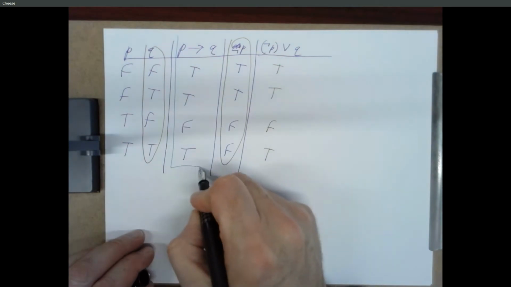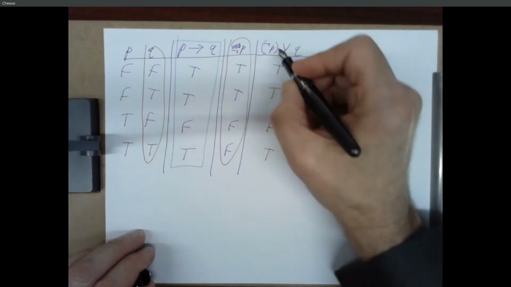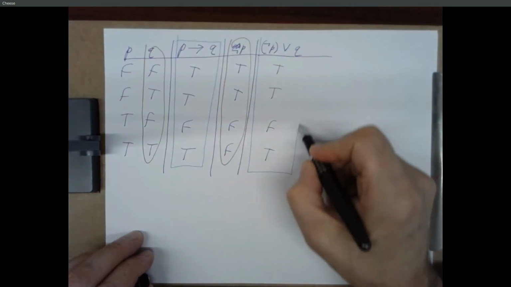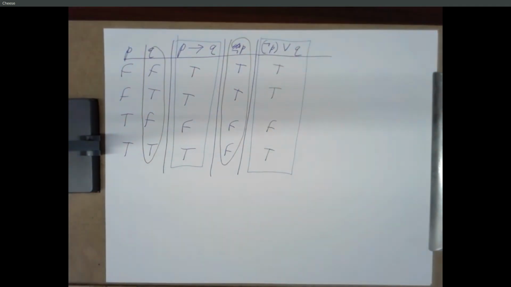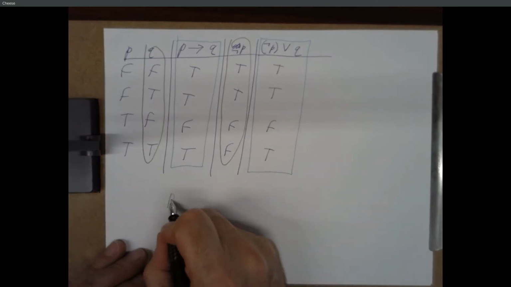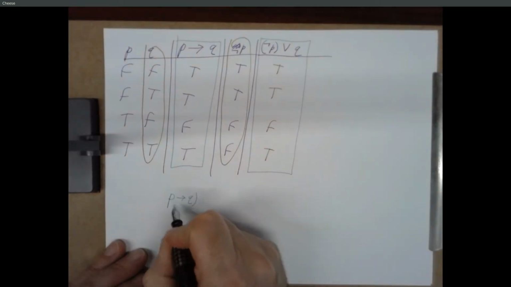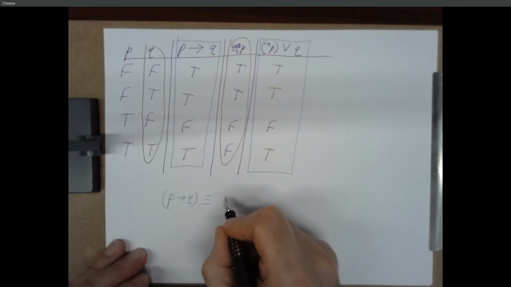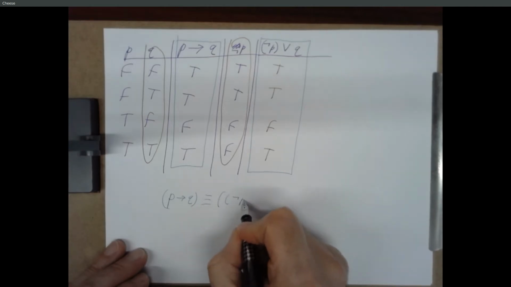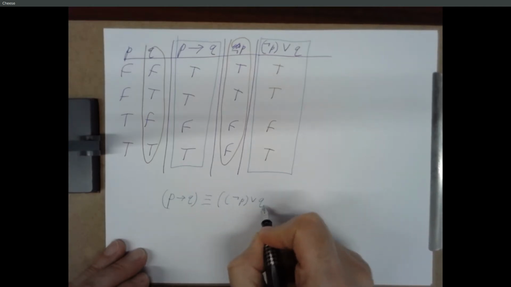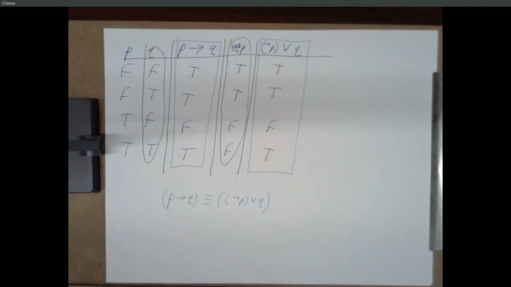And this always has the same truth value as that. True, true, false, true. So we can now make the following statement: if P, then Q is logically equivalent to negation of P ORed with Q. And this is a theorem that we'll use a lot.